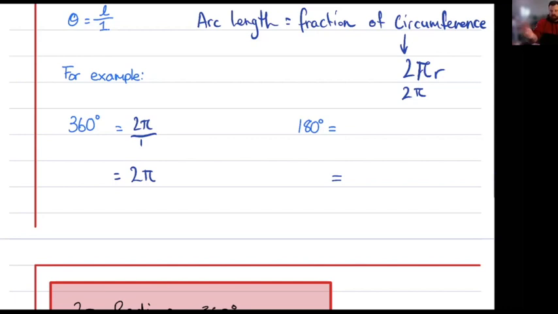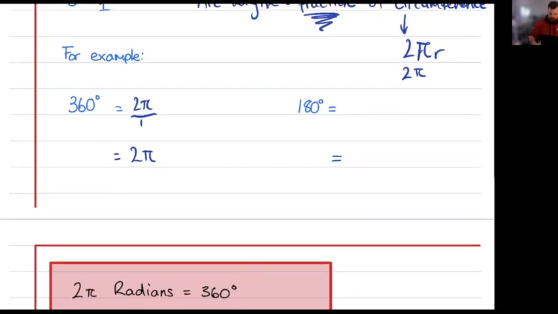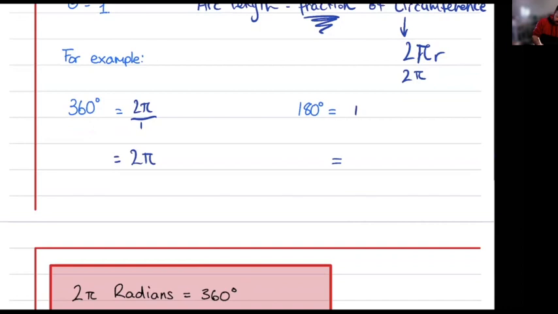Much the same way that we think about 180 degrees. What do I know about 180 degrees? Well, remember how we said that the arc length is just a fraction of the circumference. So I can think of 180 degrees as 180 over 360 times 2 pi.